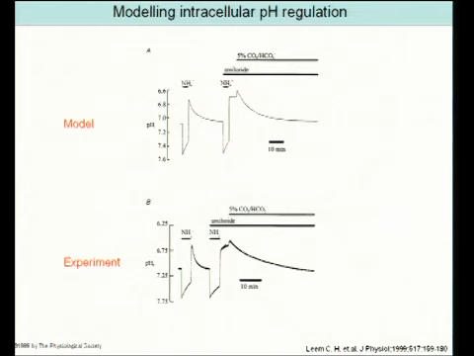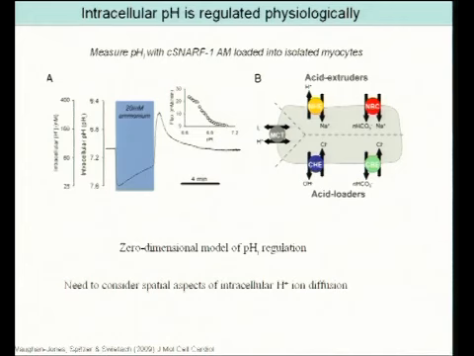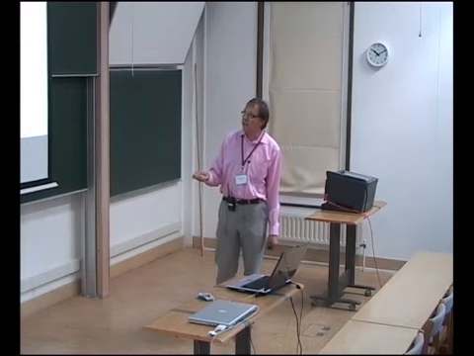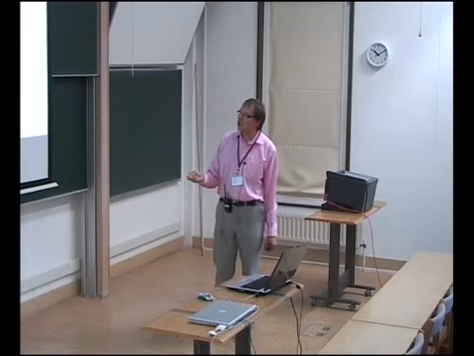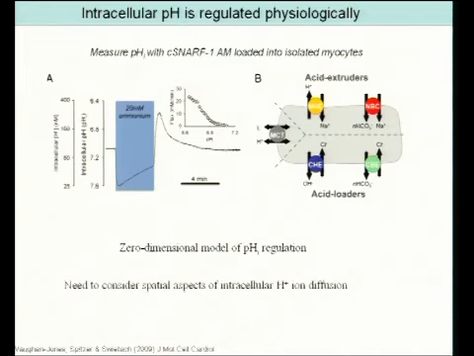And the experiment matches the model reasonably well, which suggests that we may well have identified most of the elements that control the pH, at least of a given single cardiac myocyte. The problem is that kind of model is zero-dimensional. In other words, it doesn't take account of the geometric space of the cell, and it certainly doesn't take account of any spatial aspects of intracellular hydrogen ion diffusion.